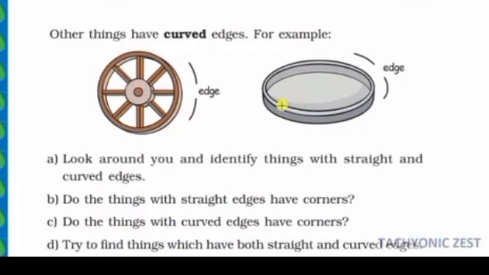See, an eraser has straight edges, but if it is a round eraser, it has curved edges. So you can find some more examples and write them in your notebook. Okay, so try to write these questions and answers into your notebook.